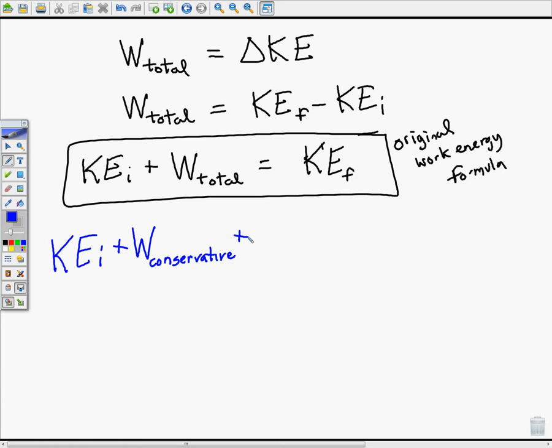Two, the work done by all the non-conservative forces, referred to as non-conservative work. And of course, this still gives you the final kinetic energy.